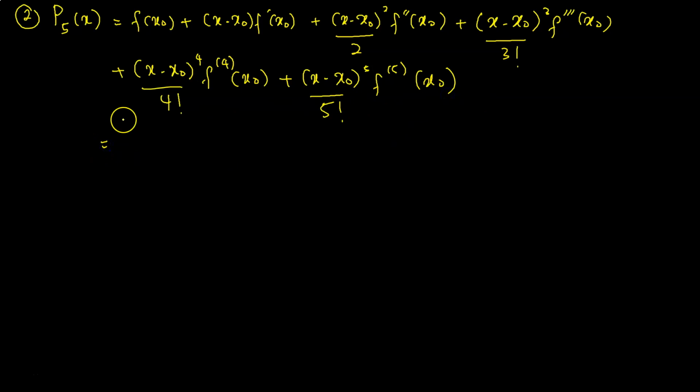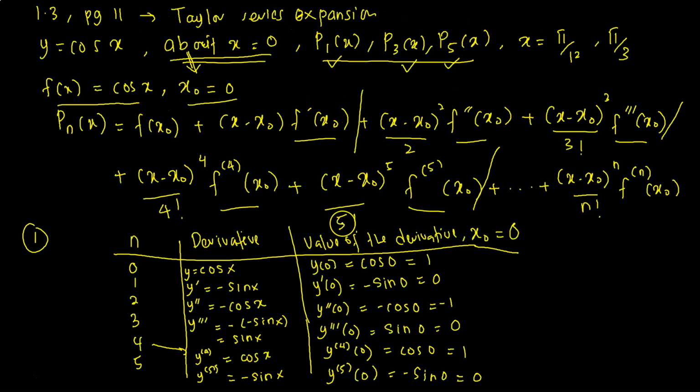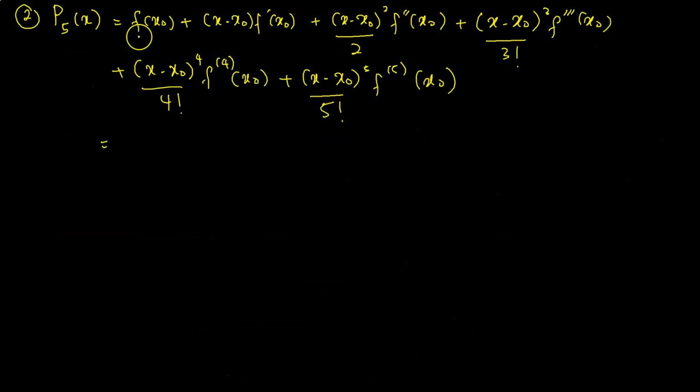And then we substitute what we got in this function: 1, 0, negative 1, 0, 1, 0. f(x naught) is 1, plus x minus 0, times f prime 0. The first derivative at x naught equal to 0 is 0.